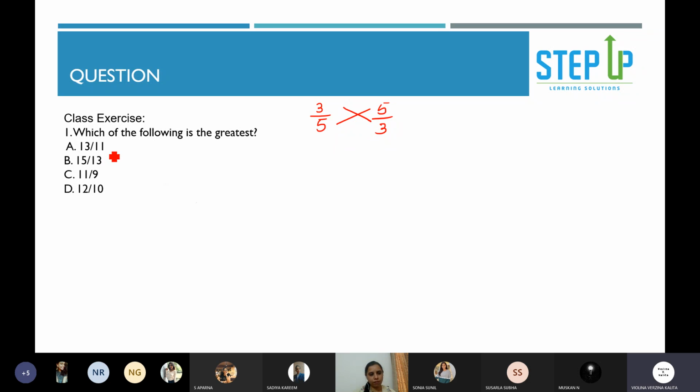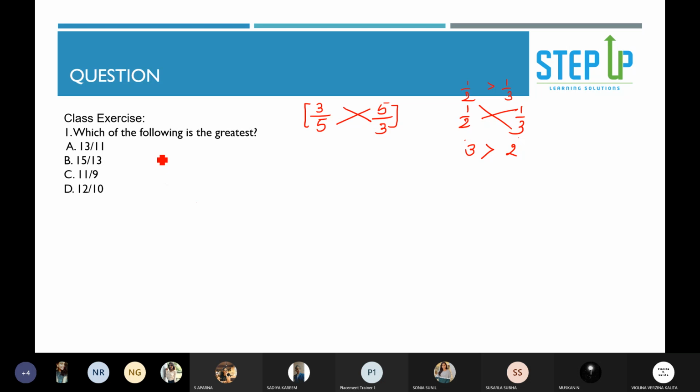Whenever we have to compare fractions like 1 by 2 and 1 by 3, which one is greater? 1/2. Now what will we do? Cross multiply. So 3 and 2. 3 is greater than 2. That's why 1 by 2 is greater than 1 by 3. So whenever we have to compare fractions, we will do cross multiplication.